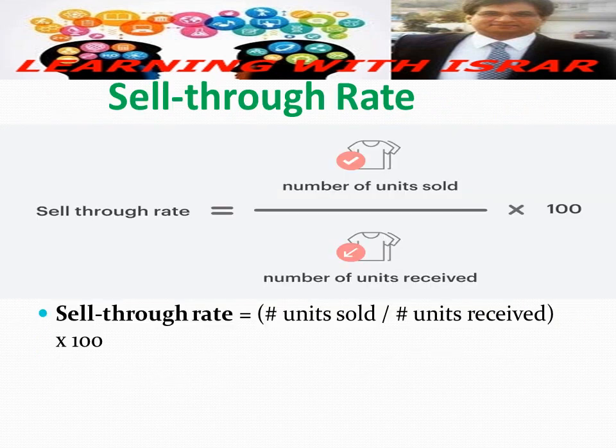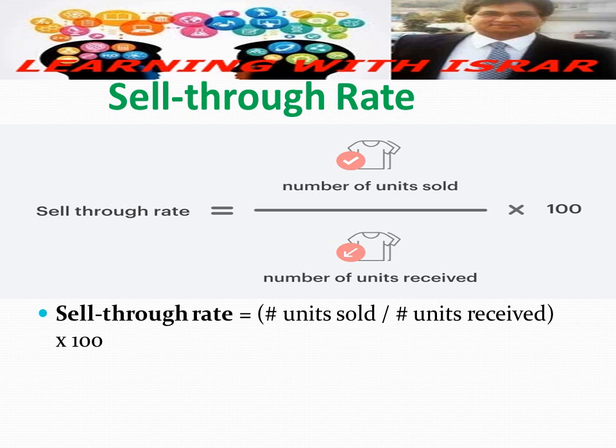Sell-through rate is a comparison of the inventory amount sold and the amount of inventory received from a manufacturer in a particular time period. This helps demonstrate the efficiency of a supply chain, so how we are managing our inventory in supply chain management.